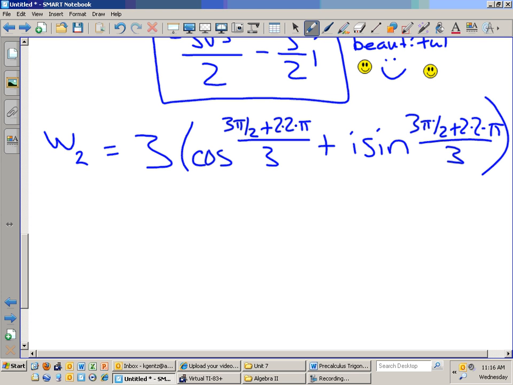Okay, let's talk through it. 3 pi over 2 plus 4 pi, so 8 pi over 2. 3 pi over 2 plus 8 pi over 2 is 11 pi over 2, divided by 3 is 11 pi over 6.